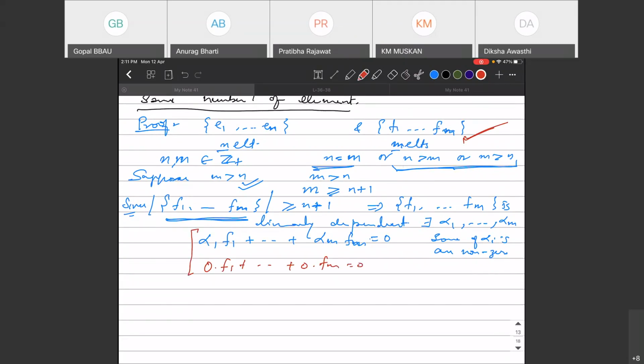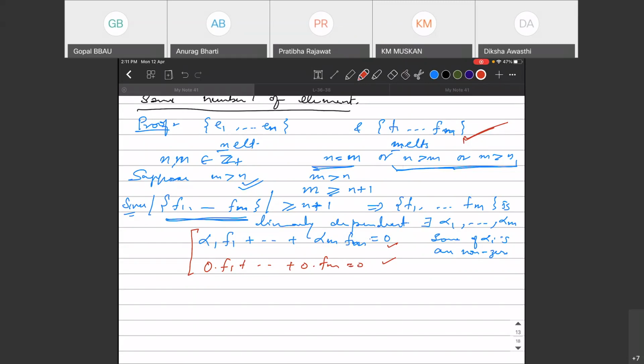So if you observe, by the definition of basis, we observe that the linear combination of the fi which gives the vector 0 would be unique. This then implies all alpha i will be 0.